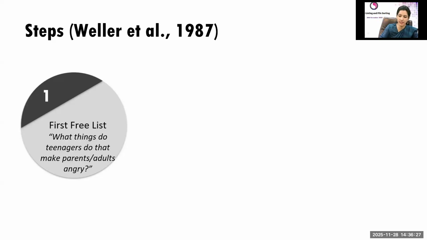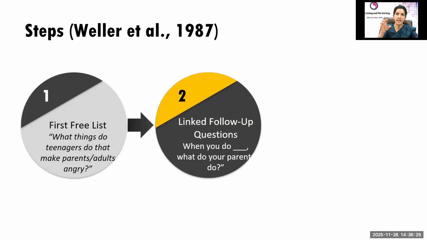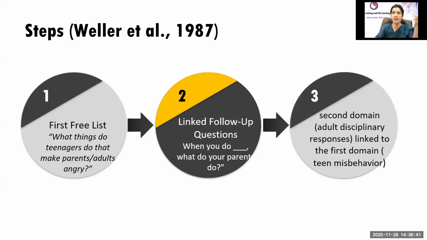Then he linked follow-up questions to each free list item, like when do you do this, what do your parents do? So he got another domain, adult responses: when the teens were misbehaving, what do the adults do?